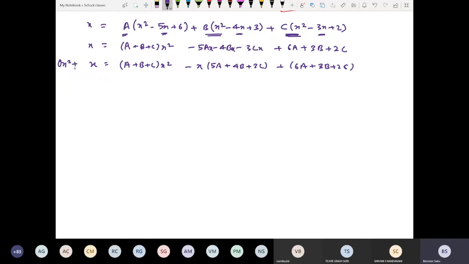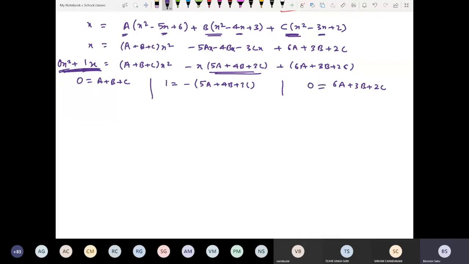If there is no such term, that means it is 0 x square. So 0 equals A plus B plus C. Comparing coefficients on both sides, the coefficient of x is 1, and it is the negative of 5A plus 4B plus 3C. The constant term is 6A plus 3B plus 2C, and there is no constant term on the left, so that is 0.